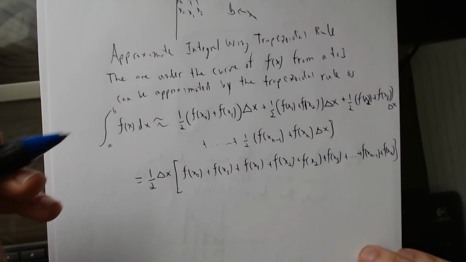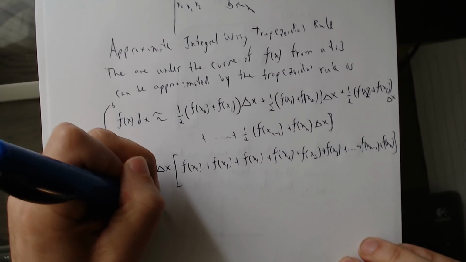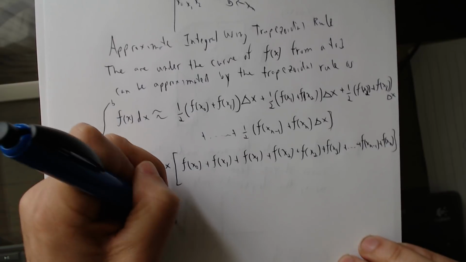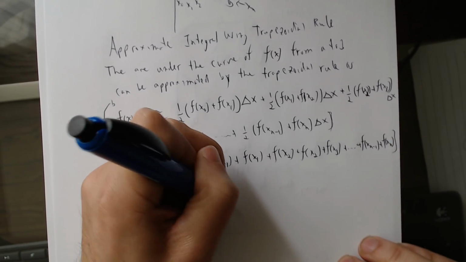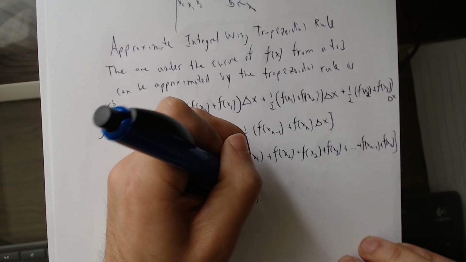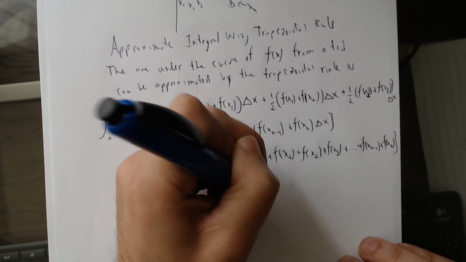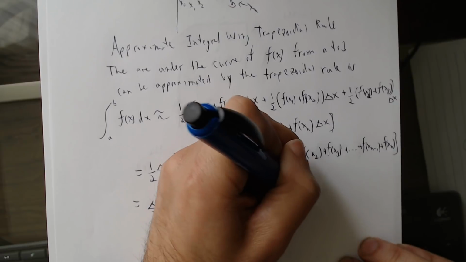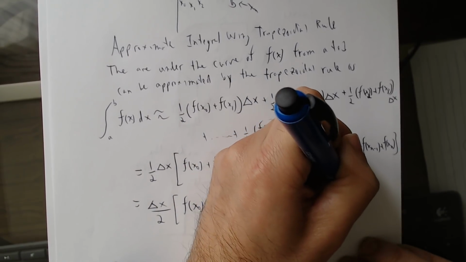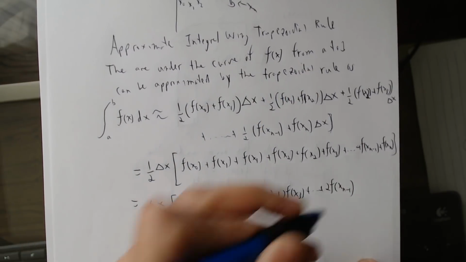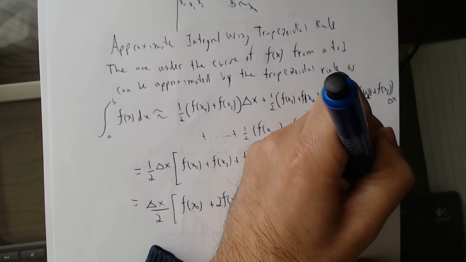So what we notice is that this becomes what? Delta x over 2 times f of x sub 0 plus 2f of x sub 1 plus 2f of x sub 2 plus 2f of x sub 3. And we're going to keep going. And the last time I'll have a 2 would be the f of x sub n minus 1 plus f of x sub n.